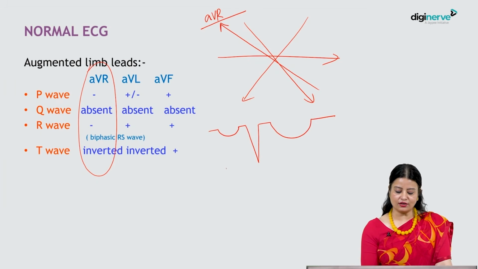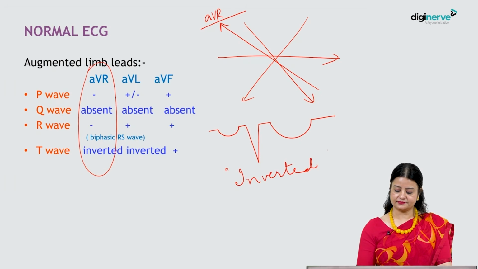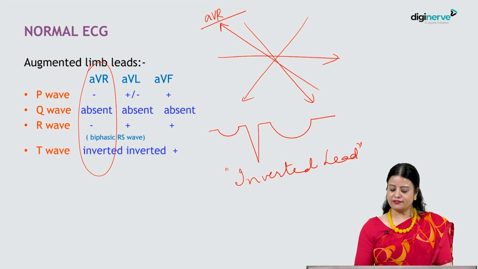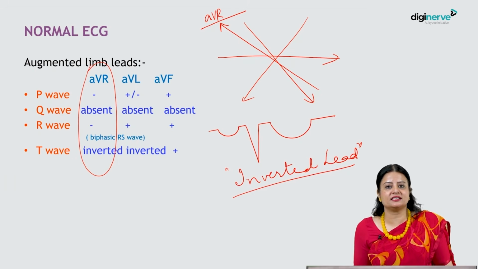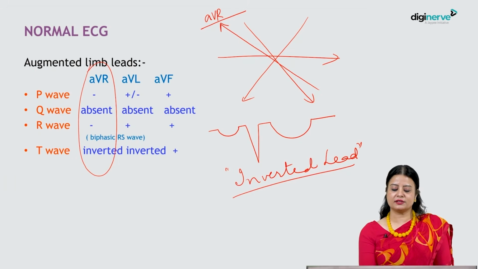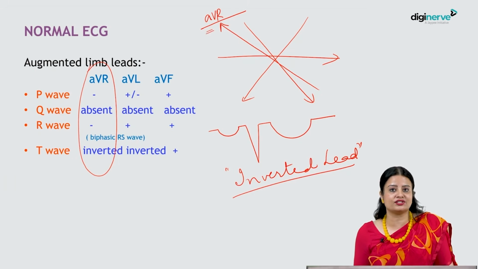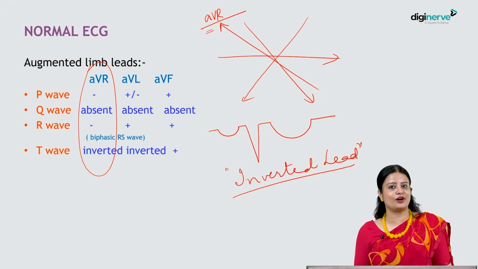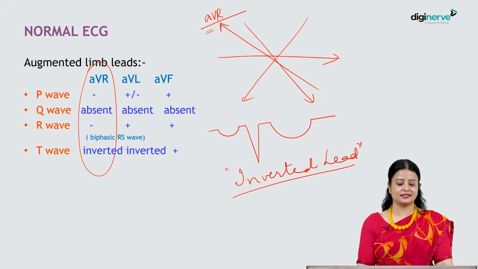This is also called an inverted lead. So if you see an inverted AVR, that is very normal. It occurs because its instantaneous vector is opposite to the mean cardiac axis.